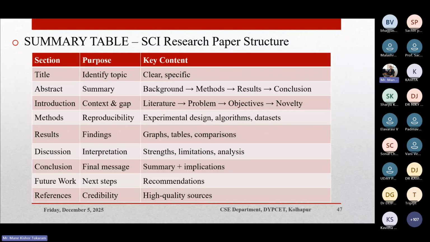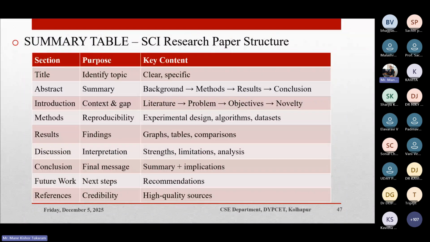Then the experimental details, designs, algorithms, and data sets we write under the methods. Again, we write the graphs, tables, and comparisons to present the results. Then we write the strengths, limitations, and analysis under the discussion so that we can thoroughly interpret the results we got.